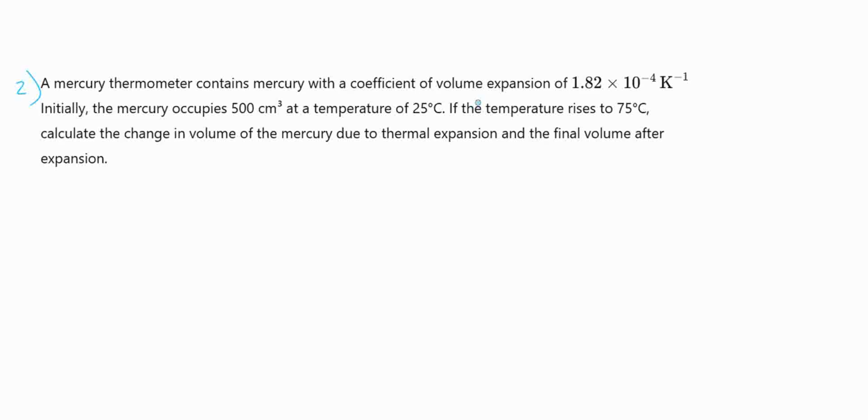If the temperature rises to 75 degrees Celsius, calculate the change in volume of the mercury due to thermal expansion and the final volume after expansion. So here we need to answer two things, the change in volume and the final volume after expansion.